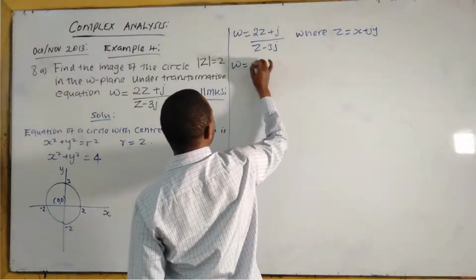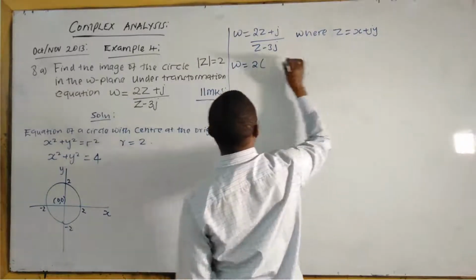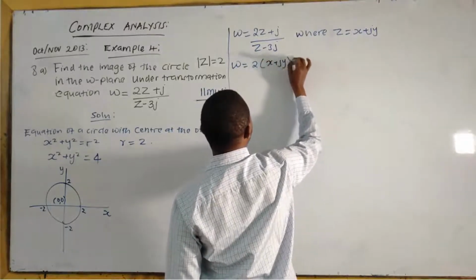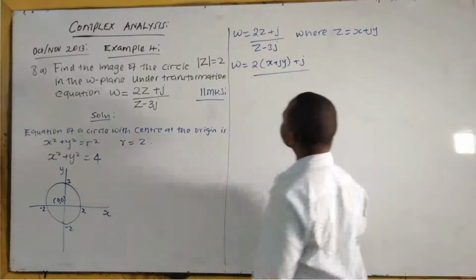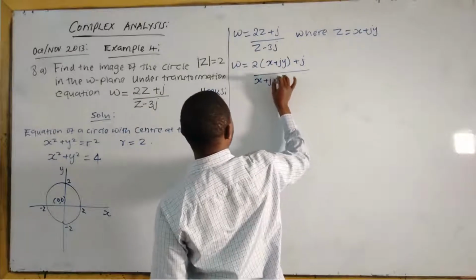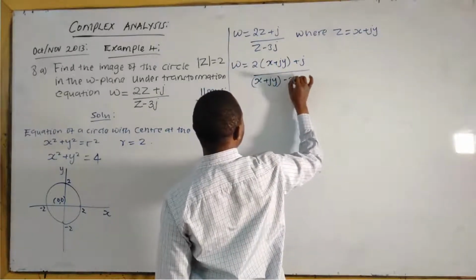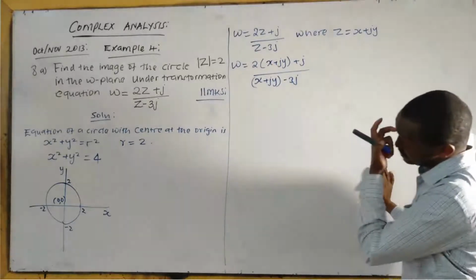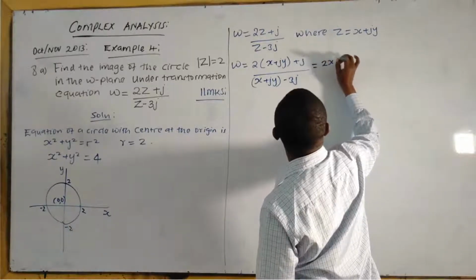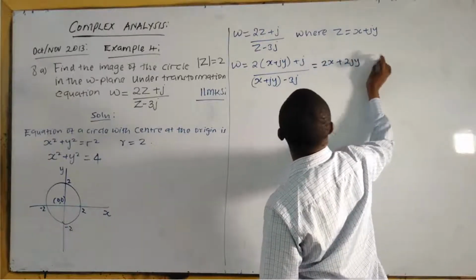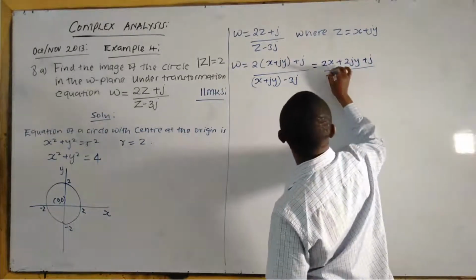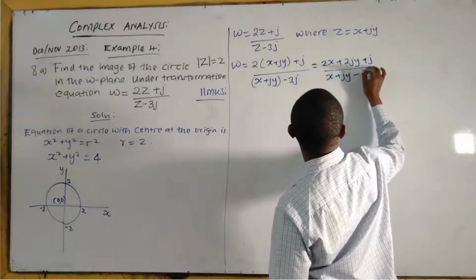So W is equal to 2(x + jy) + j over (x + jy) minus 3j. So we now open the brackets. This will be equal to 2x plus 2jy plus j over x plus jy minus 3j.